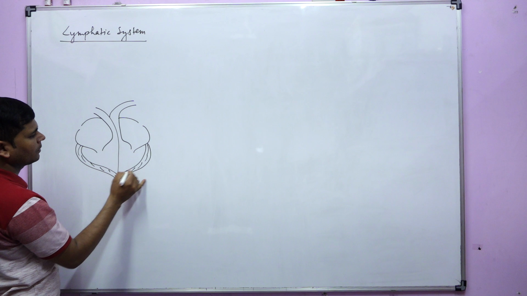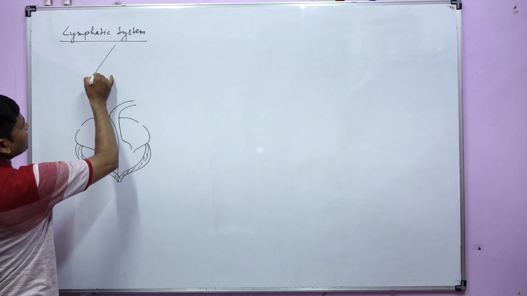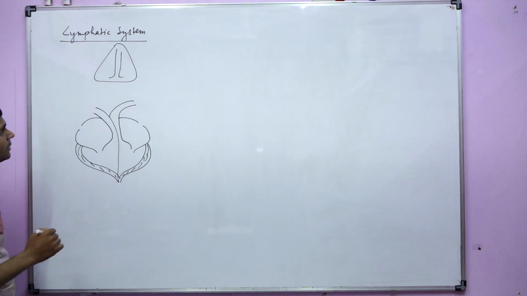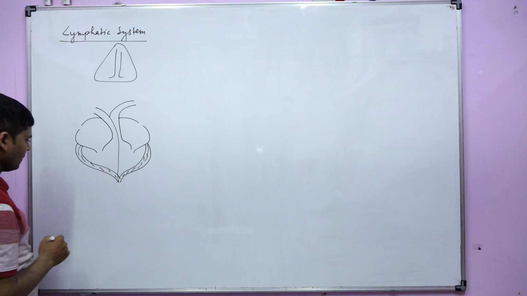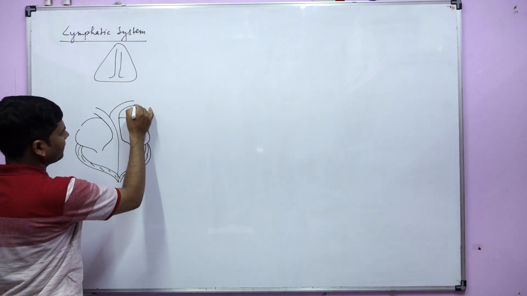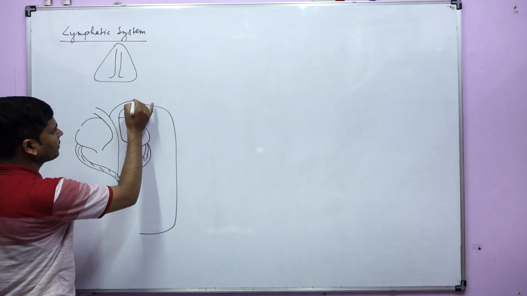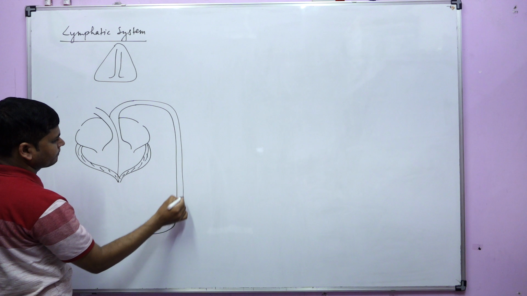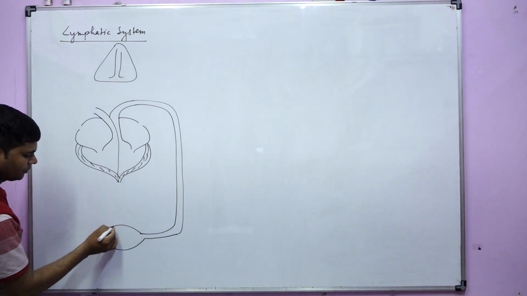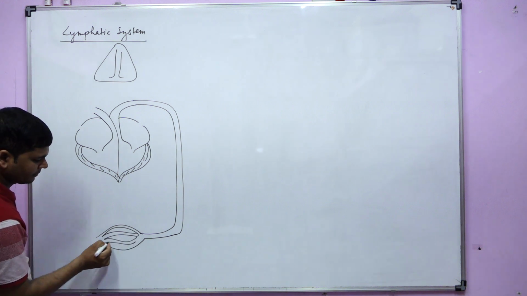This is the wall of the lower ventricles. Let us assume that this one is our lungs. If I say the blood is being carried through the aorta to different parts of our body, this is our body tissues. Let us say the capillaries we have.